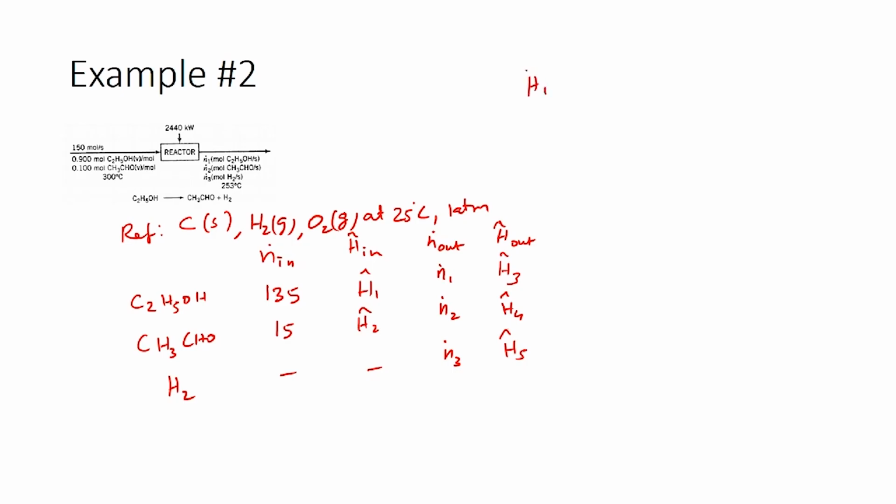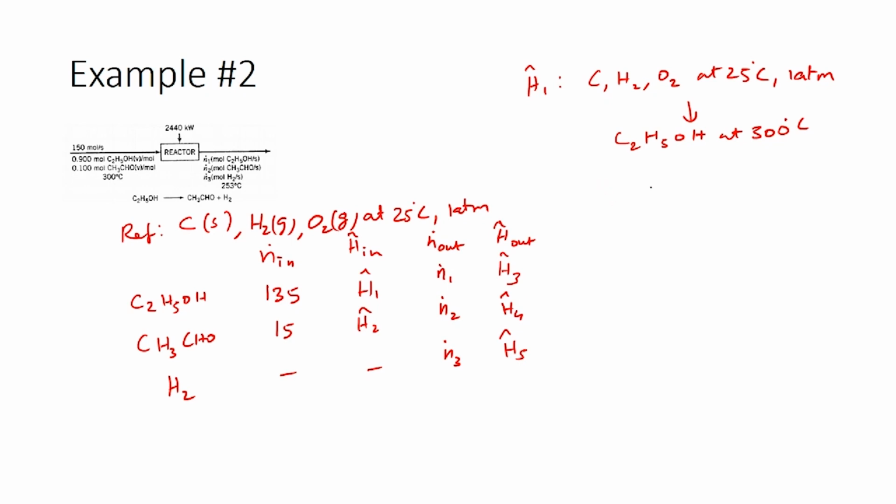Your H1 cap is basically the process where carbon, hydrogen and oxygen in their native states at 25 degrees Celsius and 1 atmosphere form C2H5OH at 300 degrees Celsius. To take this into consideration, we have to look at two steps. The first is the formation of ethanol, and the second is the heating of ethanol from 25 to 300 degrees Celsius.